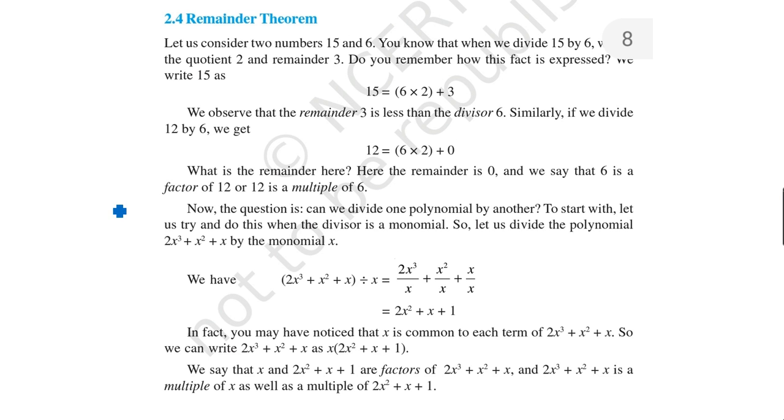In case of numbers, we know that if we divide two numbers, for example if we divide 15 by 6, we will get 15 equals 6 into 2 plus 3, right?